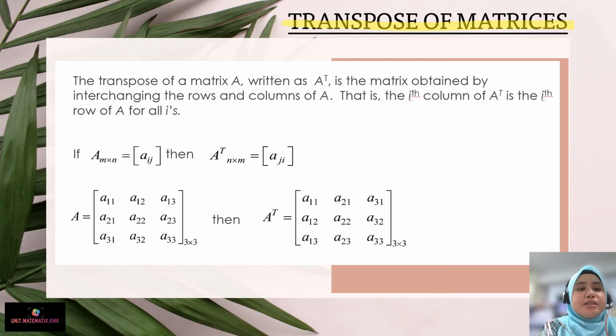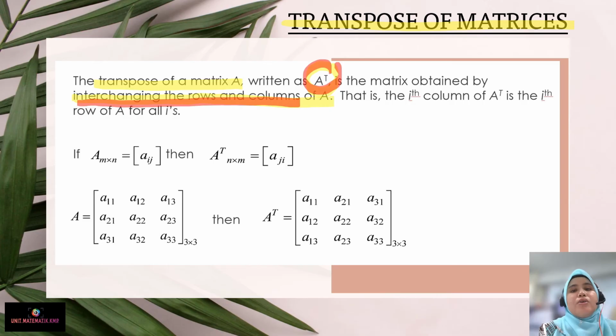Okay, the transpose of a matrix A is written as A T, A transpose. It's the matrix obtained by interchanging the rows and columns of A. So that means for A transpose, you need to interchange the rows and columns of the original matrix.